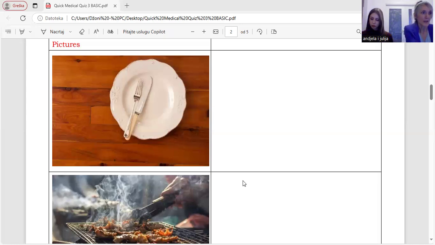Okay, then we're going to number two. The symptoms of Kawasaki disease are red throat, redness, dry, cracked lips, and a red tongue that looks somewhat like a strawberry.